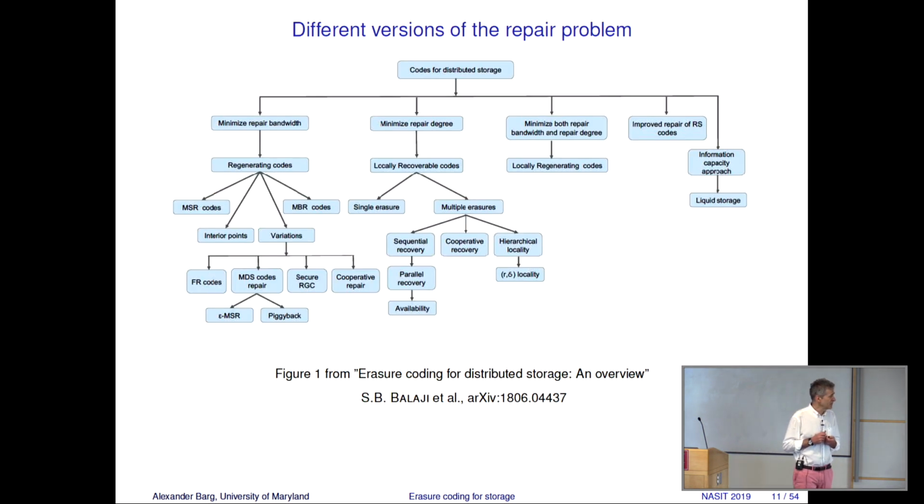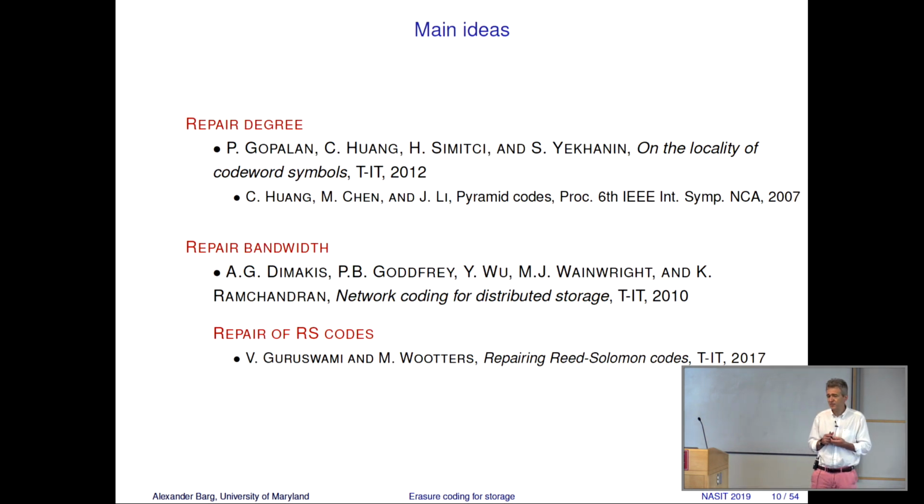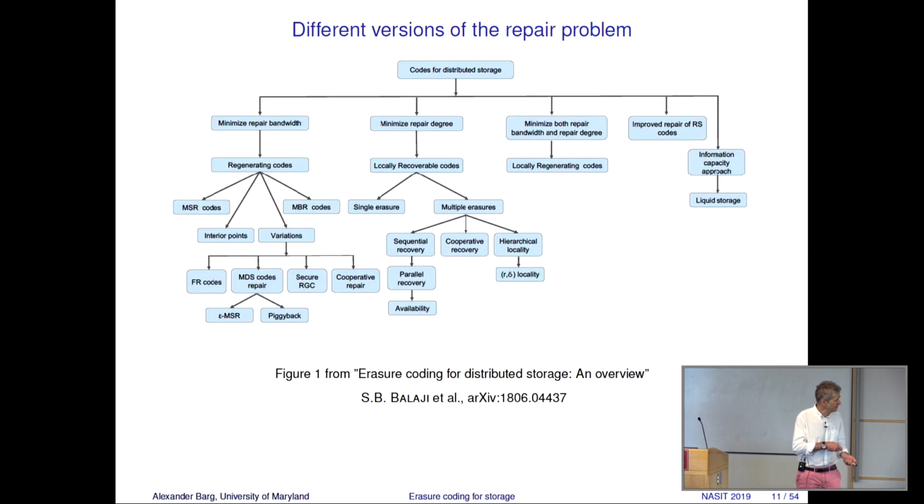Out of them, there were hundreds and hundreds of papers, probably approaching 1,000. Of course, it's difficult to count, but if you look at this survey by Balaji and co-authors on arXiv last year, maybe by now already published, I think it was submitted to Science China, you will see hundreds of references, and they drew this very nice picture of variations of the problem that I simply lifted from that paper.